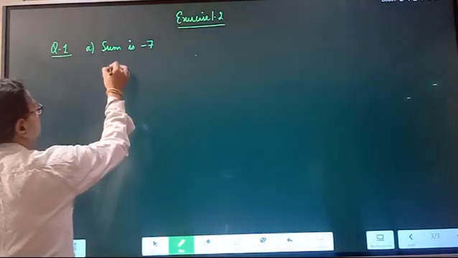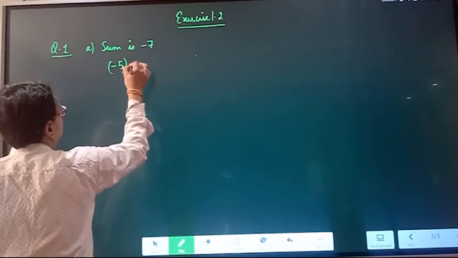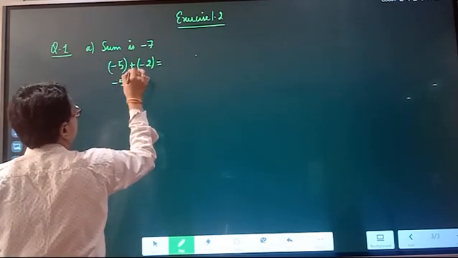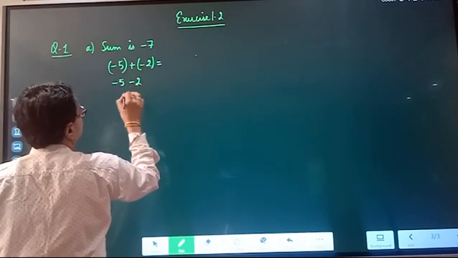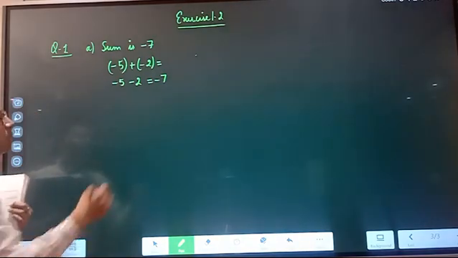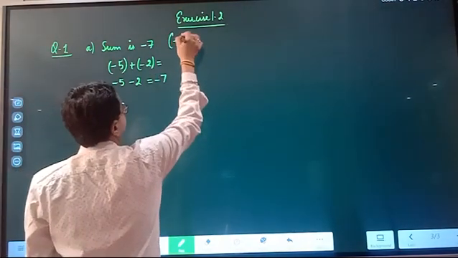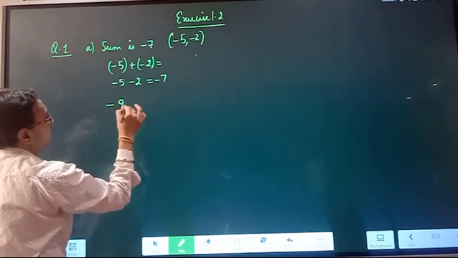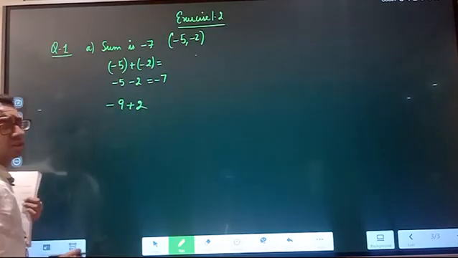That's very easy. I can say minus 5 plus of minus 2. That is again minus 5 plus minus, minus plus, that is 7. These both are having minus 7. So one pair is minus 5, minus 2. Even if I talk about minus 9 plus of 2, what is the answer?